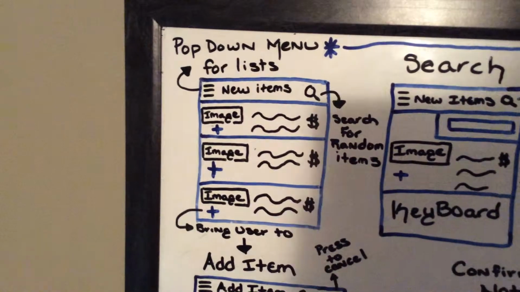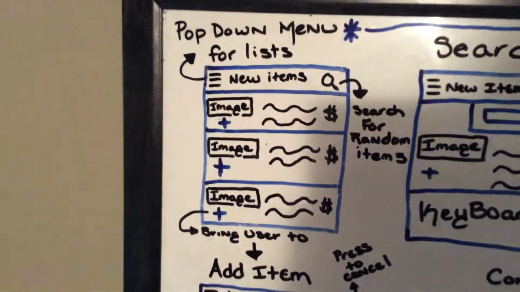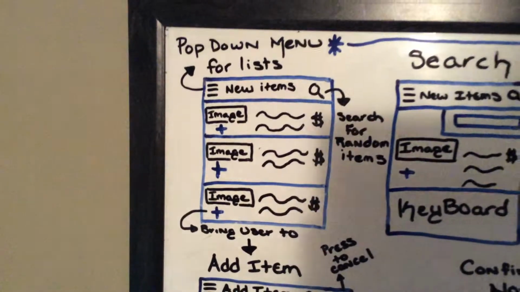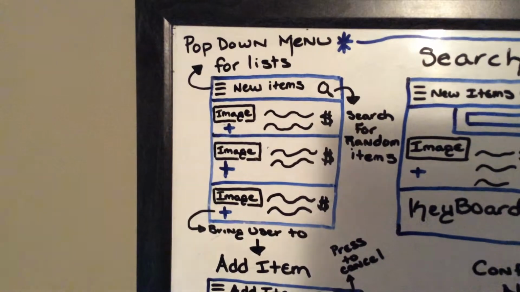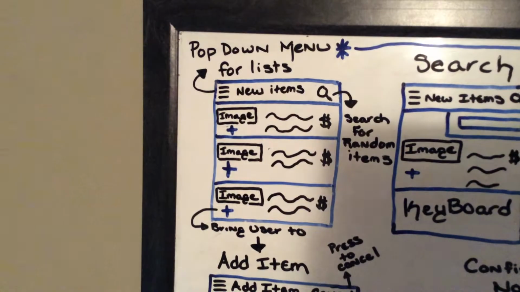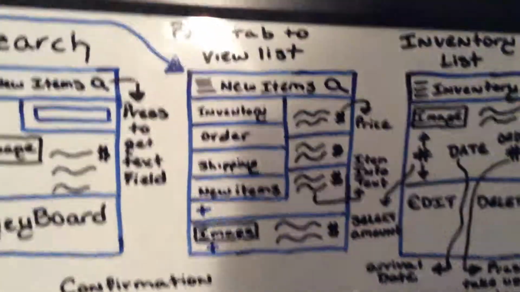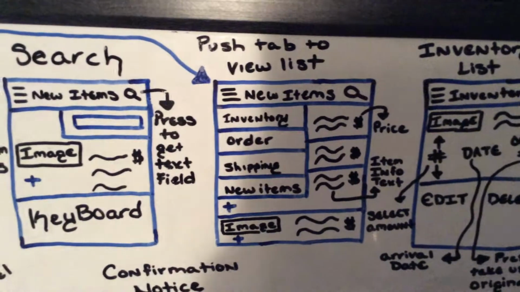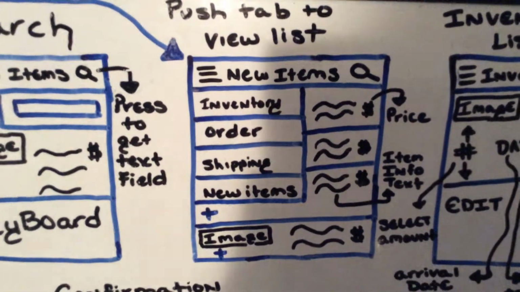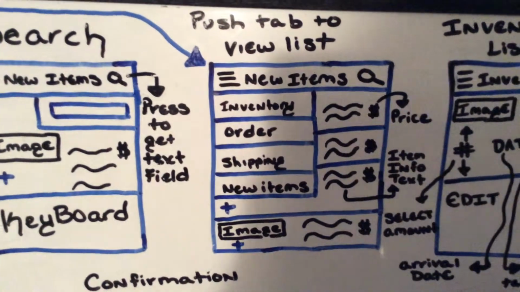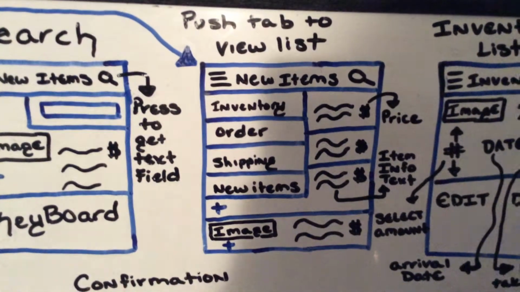So this is basically what it looks like when you start the app, and when you hit the three lines in the left corner, it will bring you to a tab view list, which will look like this. The push tab view list is this box right here that has inventory, order, shipping, and new items.